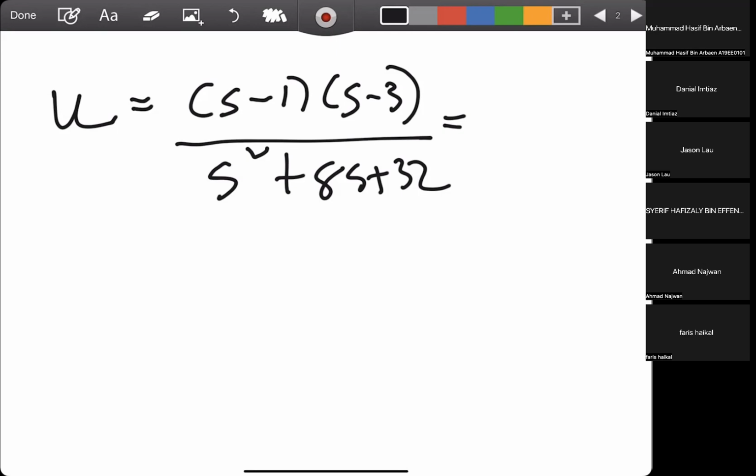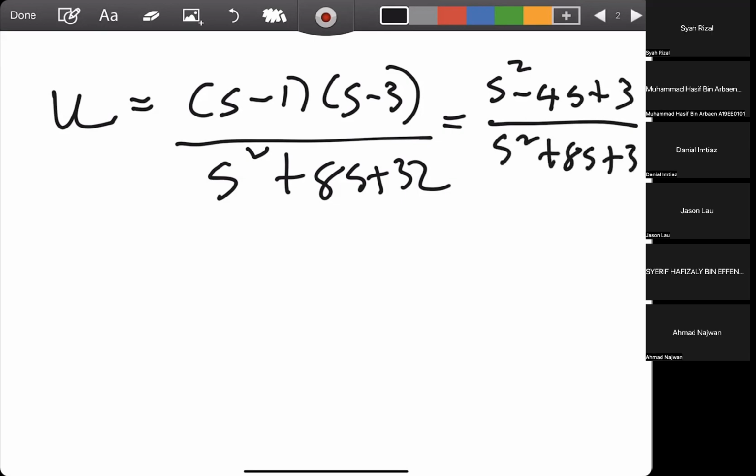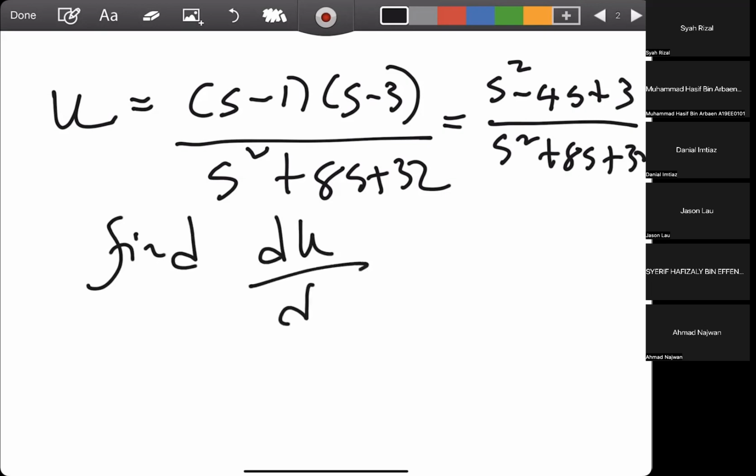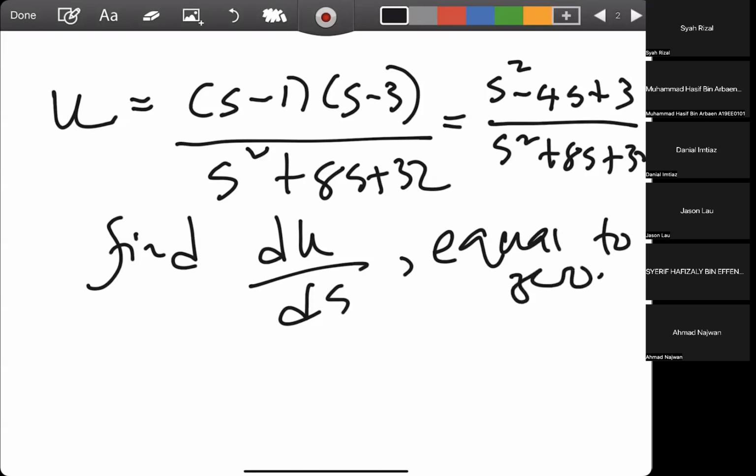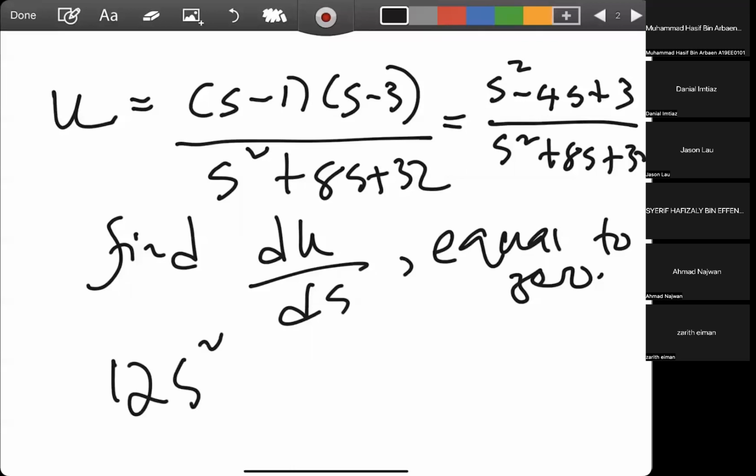Okay, and then this one you simplify, you will get K. Okay, find dK over ds equal to 0. So you will get 12s squared.